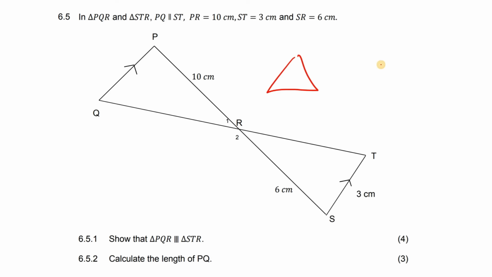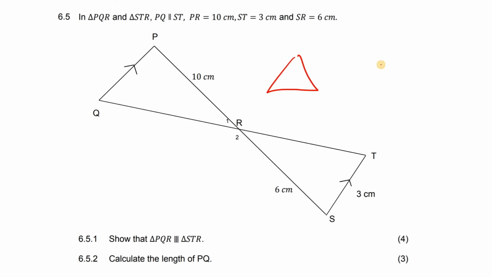The other way to do it is to show that the sides are in proportion. What does that mean? Let's go back here. Now we're not using angles, we're using sides. Let's say, for example, this is a 3, this is a 6, this is a 7, this is a 14, this is an 8, and then this would be 16.